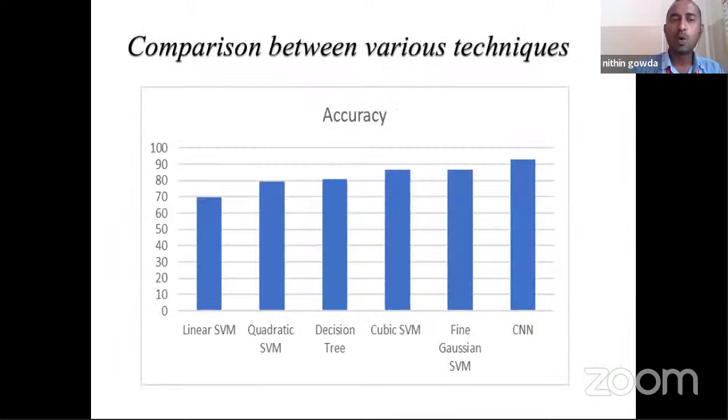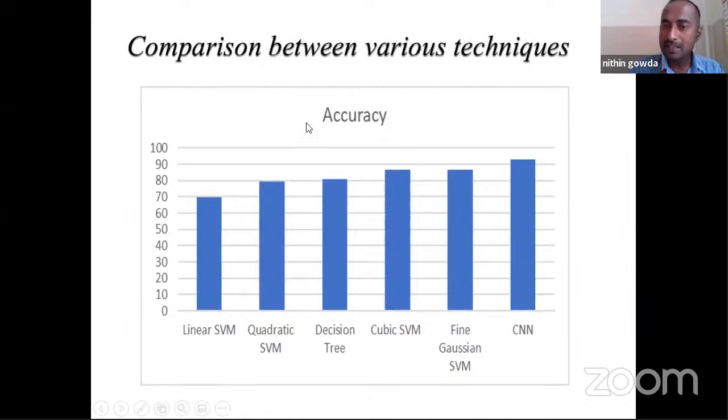In total I have applied around 6 various techniques. Out of these 6, the accuracy of CNN is higher compared to all the others. This concludes that the deep learning model works better than all the other machine learning models I've used in my study: linear SVM, quadratic SVM, decision tree, cubic SVM, and fine Gaussian SVM.